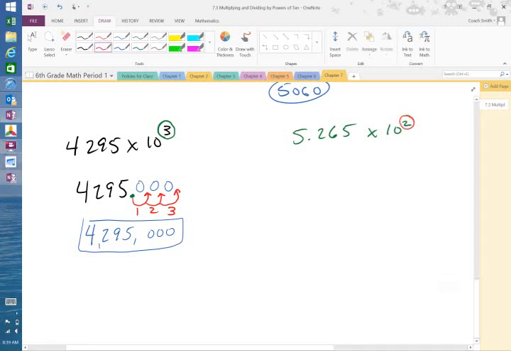The exponent is 2, so I'm going to take 5.265 and move it once, twice to the right. That would give me 526.5. So in that case, I had to keep the decimal because I wasn't able to move it out of the number.